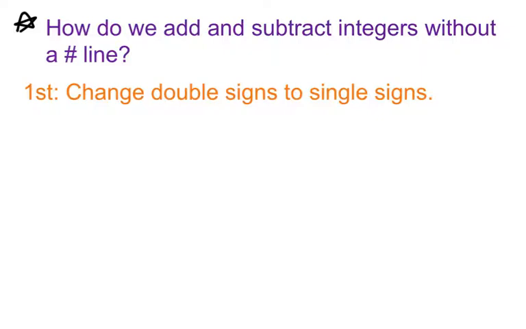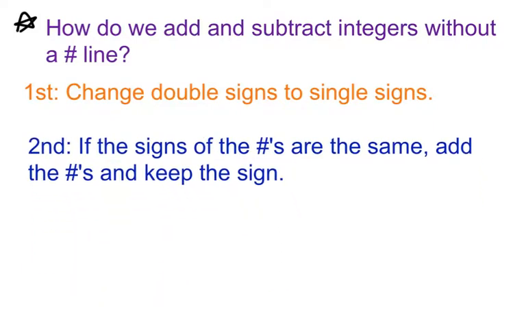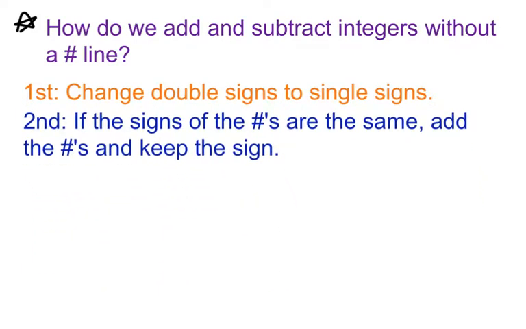Well, the first thing we do is we change our double signs to single signs. So that's really the same step if we use a number line or if we don't. And our second step, if the signs of the numbers are the same, we're going to add the numbers and keep the sign.